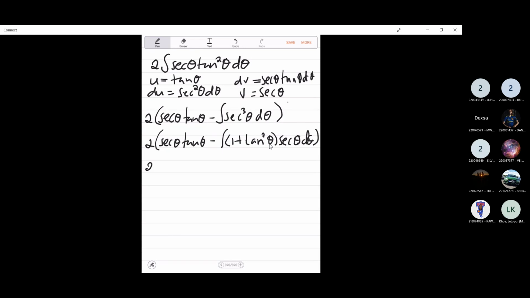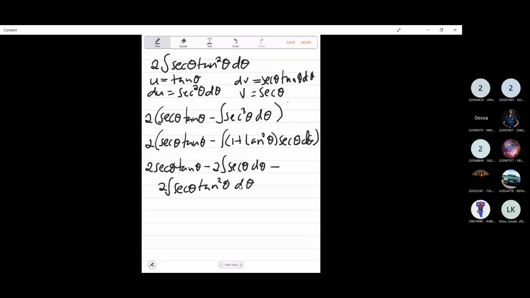So this is 2 sec theta tan theta minus 2 sec theta d theta minus 2 sec theta tan squared theta d theta.